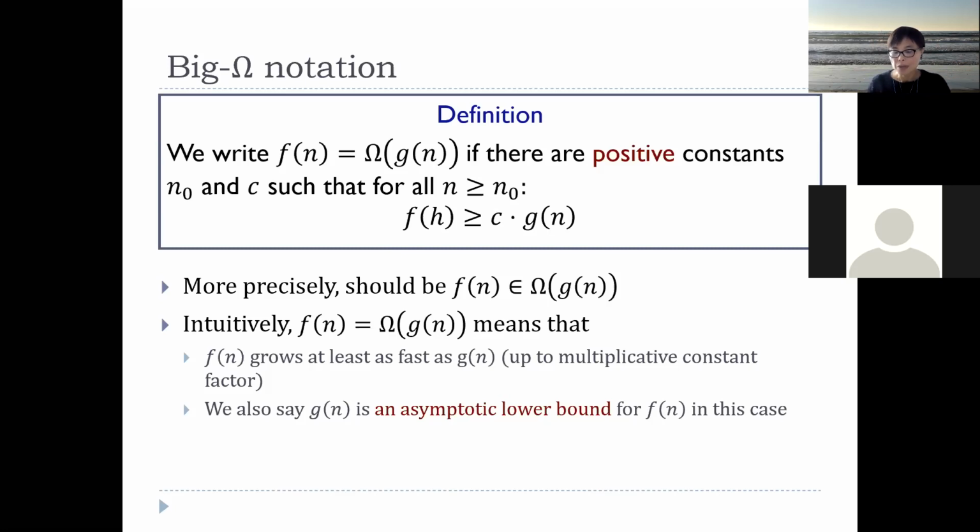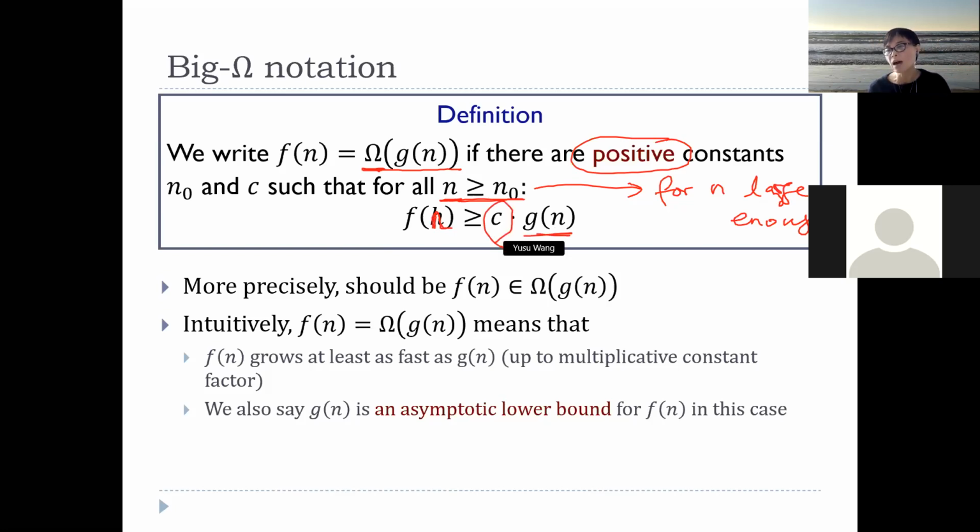In other words, we say that f of n is in the big omega of g of n if there exists a positive constant c such that for n large enough, f of n is bigger than c times g of n.